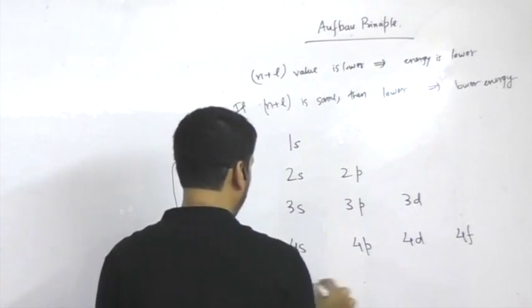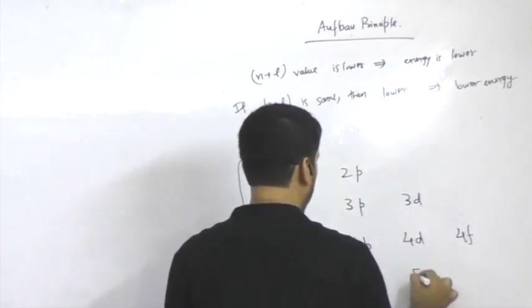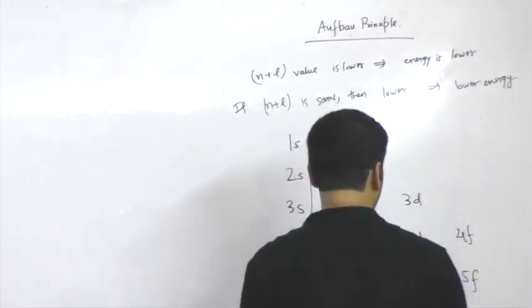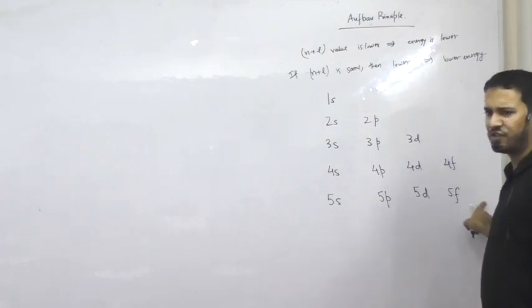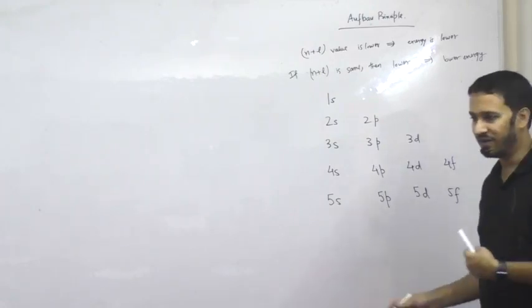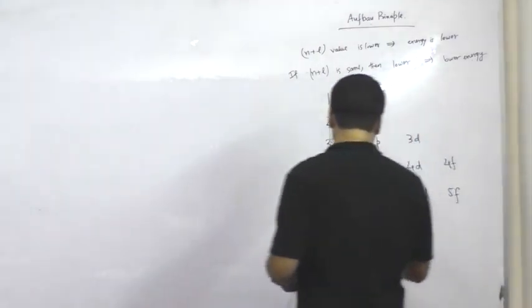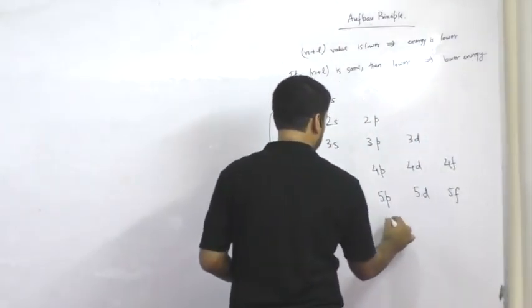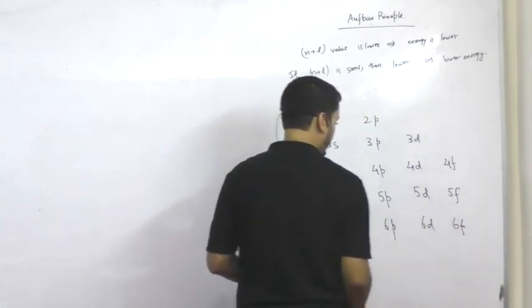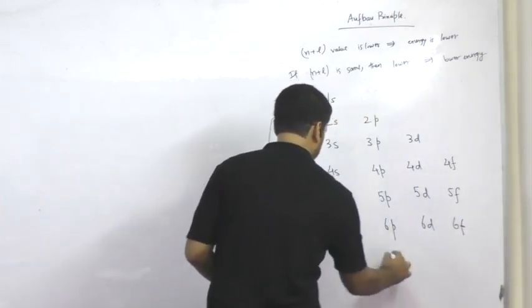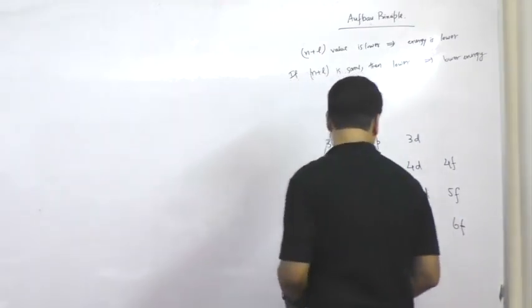In the fifth orbit, I will have 5s, 5p, 5d, 5f. इसके बाद क्या आएगा? 5g. But 5g का elements अभी तक discover नहीं हुआ है. So I'm not writing it. ठीक है? Then we have 6s, 6p, 6d, 6f, 6g, 6h. Not writing. Then 7s, 7p, etc.